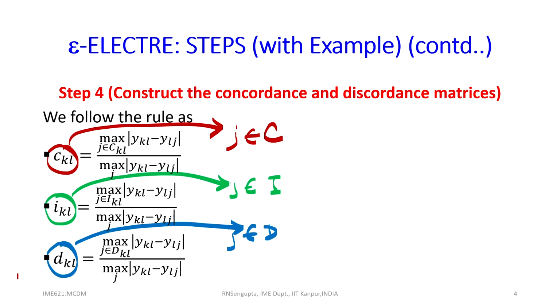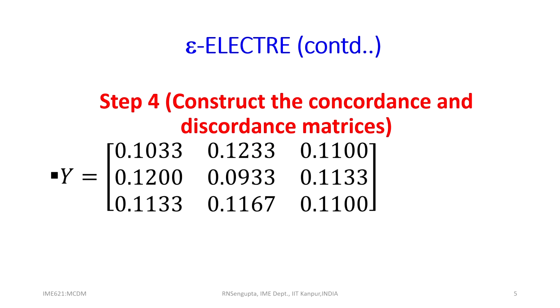When I mean the ratios, it is in the numerator. The denominator remains the same for all this calculation. So, this is the indifference, and finally, we have the discordance. Based on that we find the values as follows. Once we have y, what is y? Again to repeat.